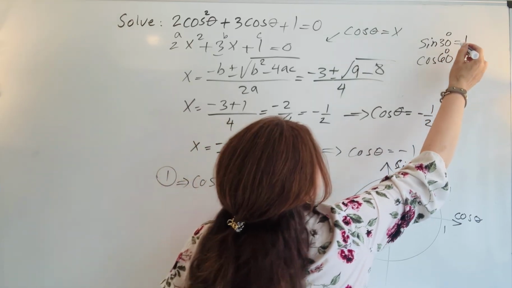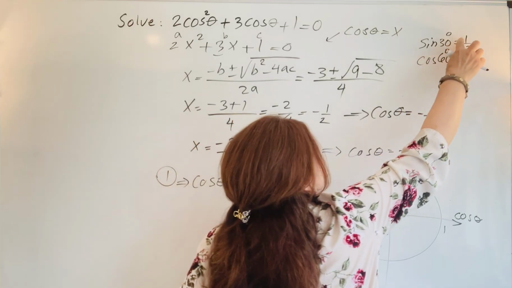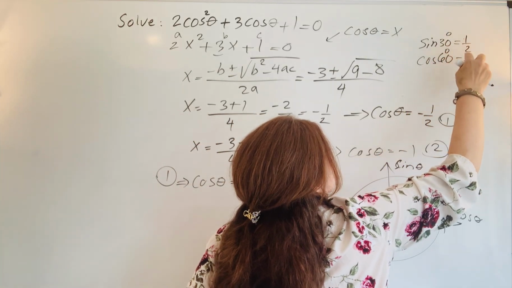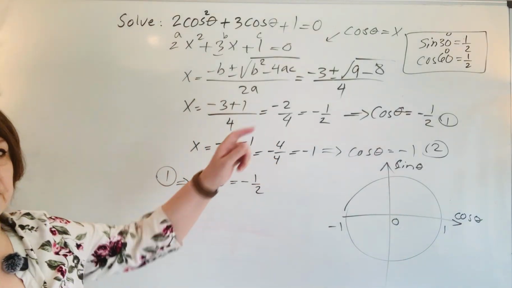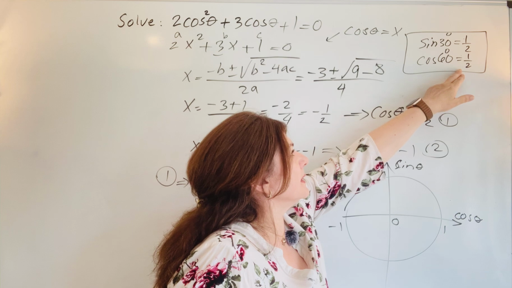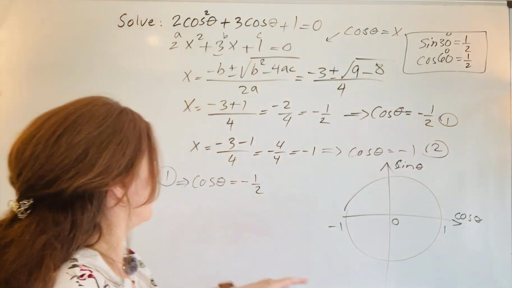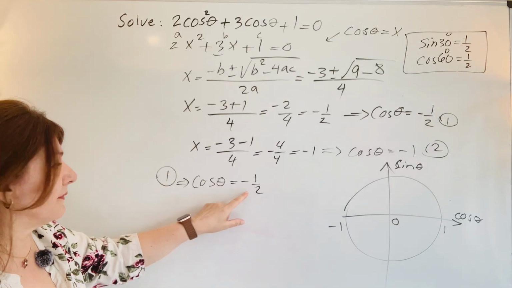Actually, this is positive, not negative. Regardless of the sign, the cosine of 60 degrees is half. Here, cosine of theta is negative half.